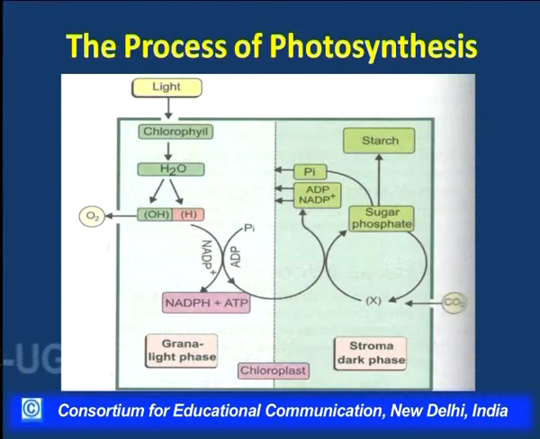Then we had also reached a conclusion that the process of photosynthesis in fact is made up of two main parts. The light reaction, as you can see on the screen, the main function of light would be to activate chlorophyll, which we technically call photoexcitation of chlorophyll.